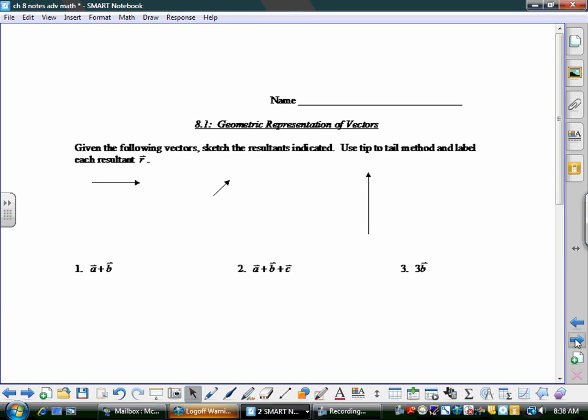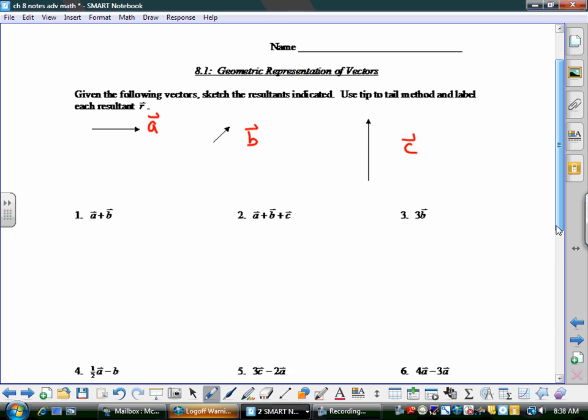Because we're actually going to measure some vectors and see what's going on and draw the resultant and label it. So let's first give these each a name. This one is vector A, this one's vector B, and this one is vector C.